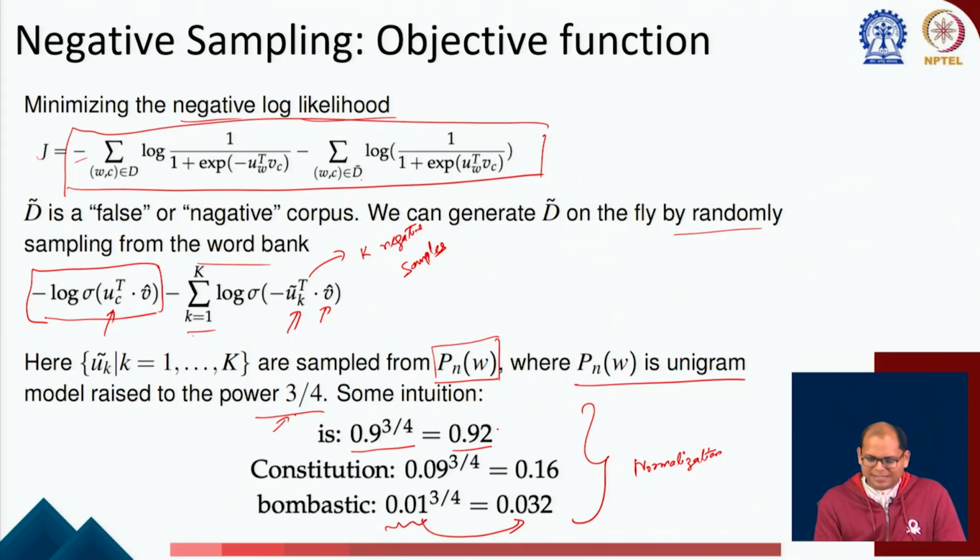So this at the end will become smaller than 0.9, but this value will become much larger than 0.01. So the words that are rare will also have a high chance of appearing in the sampling process. So this is the negative sampling idea.